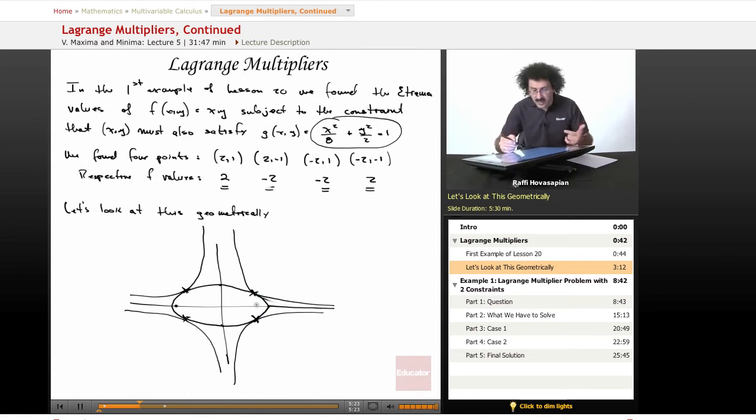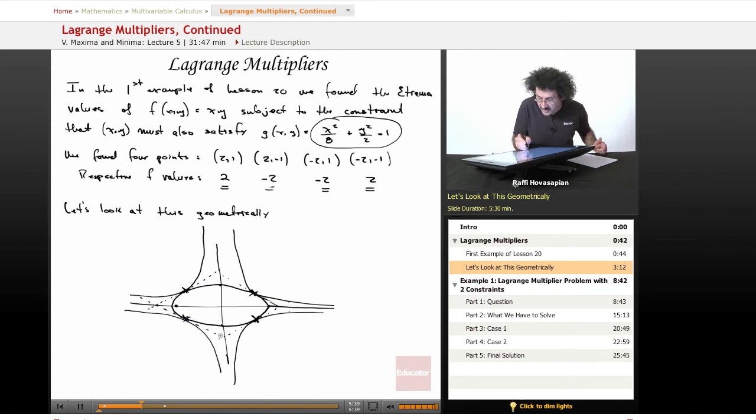Geometrically, take a look at this. At this point, if I were to take the tangent line to both curves, as it turns out, they correspond.